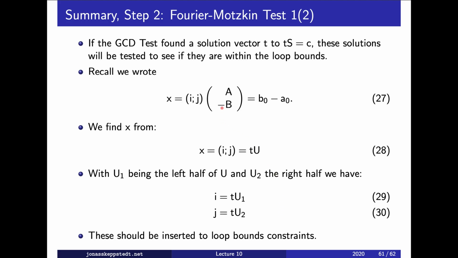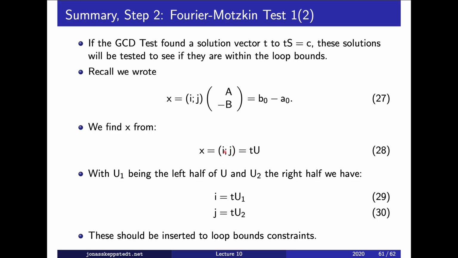Okay, so say we found that. Then we have X is T times U, the unimodular matrix. What we need to do then is to take the I and the J parts.